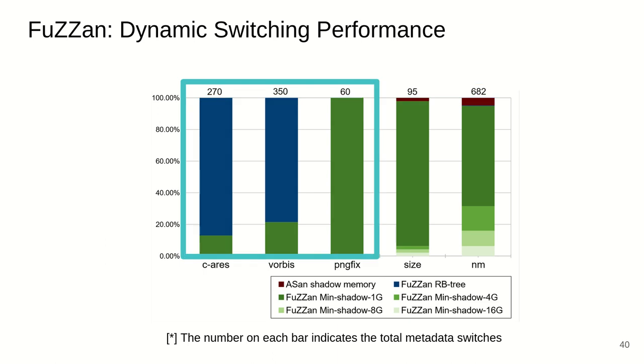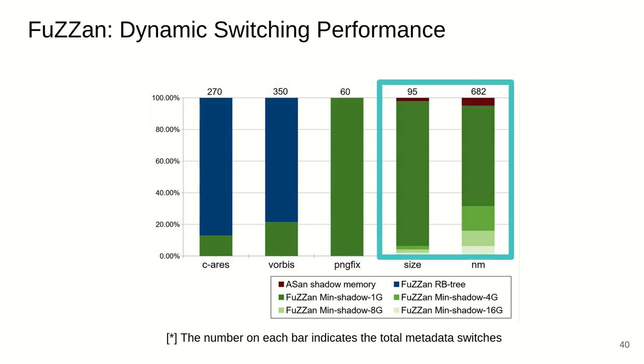In these first three benchmarks, sometimes we use the red-black tree, and most of the time we use the 1 gigabyte target. For these other benchmarks, as the heap being used is fairly large, we sometimes even have to fall back to ASan shadow memory as it exceeds 16 gigabytes. So here we see that all the different min shadow modes are actually being activated.